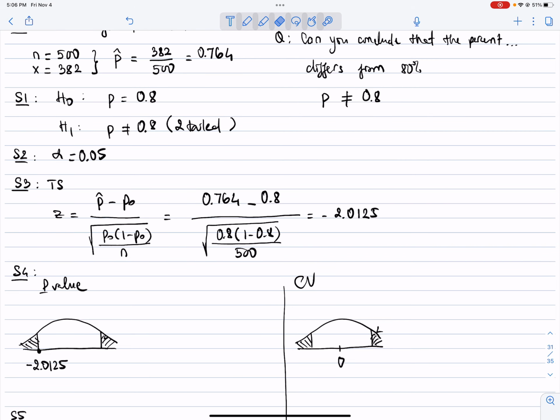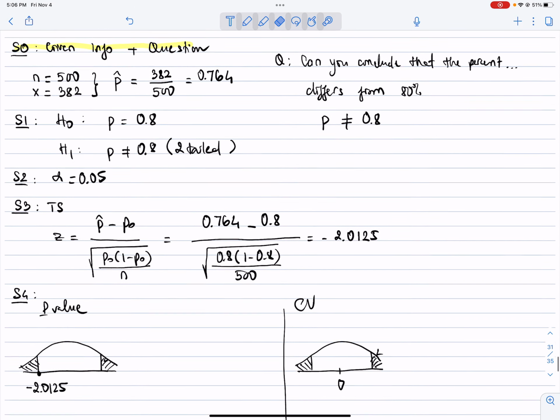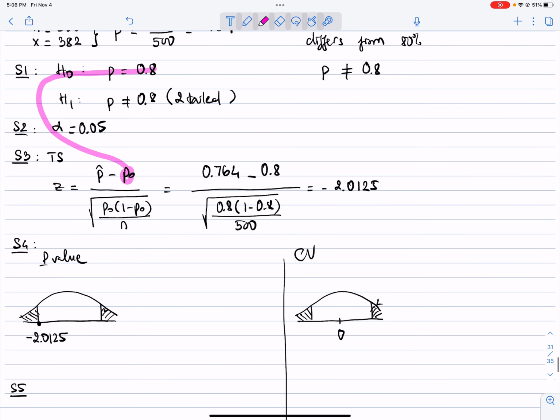Step number 2 is alpha. We choose alpha 0.05, so we are doing part C. Step number 3 is the test statistic. I use this formula. I plug in the number for p hat here, and the p naught. We look at p naught under the null, so p naught is 0.8, and we plug in 0.8 in the bottom also.